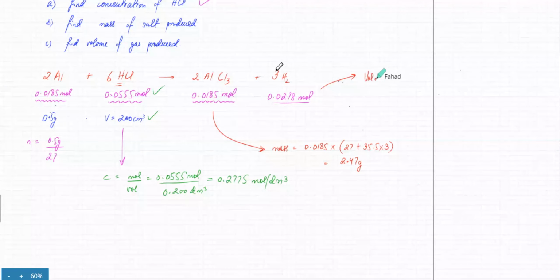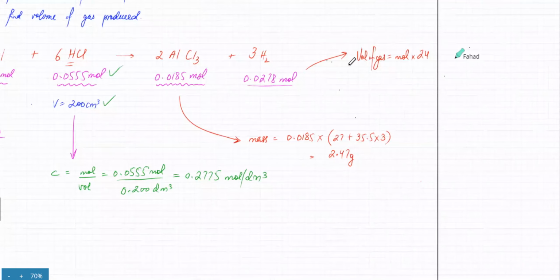Okay, what is the formula for volume of gas? It would be moles multiplied by 24 dm cube. Well, if you look over here, this is the formula of volume of gas. That would be moles multiplied by 24 dm cube. So we have the moles with us, it's 0.0278.